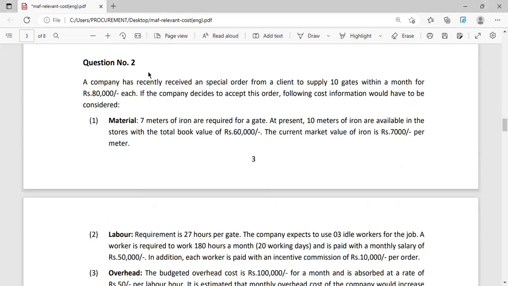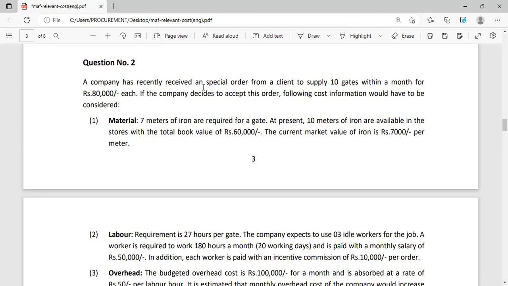Okay, so question 2. A company has recently received a special order. It's always an order. They always want to choose between contracts for them to make a right decision.